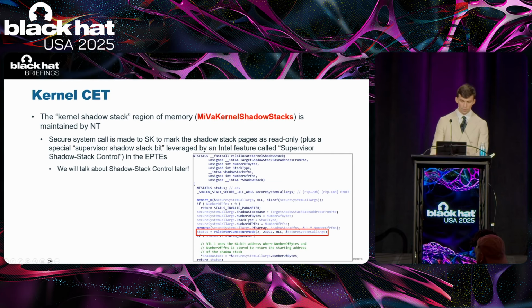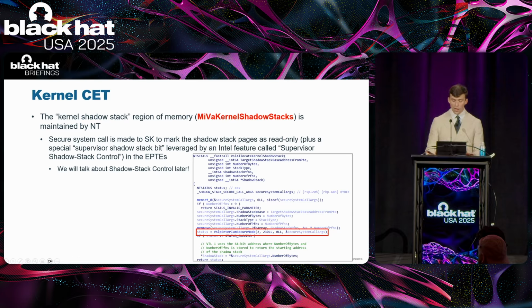Again, as I mentioned in the last slide, we also need HVCI. So the region of memory where all the kernel mode shadow stacks will reside is still managed by NT. So there are situations where we have kernel mode shadow stacks, like interrupt service routines or DPCs, but the most canonical example, I guess you could say, is a thread being created. Anytime you have a thread being created, you have an associated stack. Well, guess what? If you have an associated stack, you now have an associated kernel mode shadow stack.